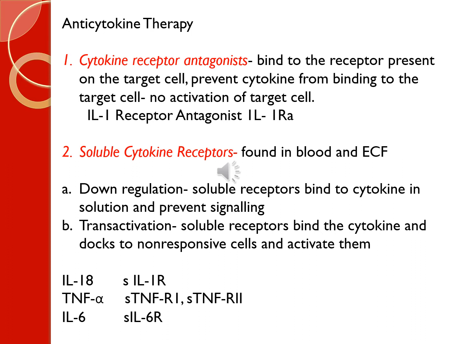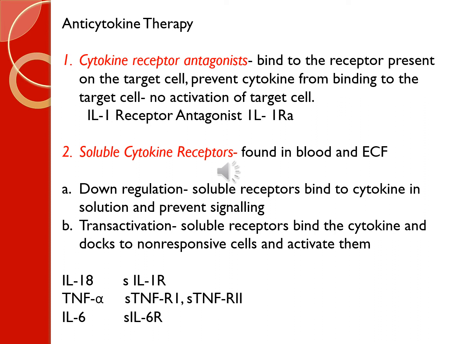That is, these soluble receptors bind to the cytokine and dock to non-responsive cells and activate them. Suppose the target cell was a distant macrophage. Instead of attaching to the macrophage, these soluble receptors direct the cytokines to non-responsive cells and activate them.